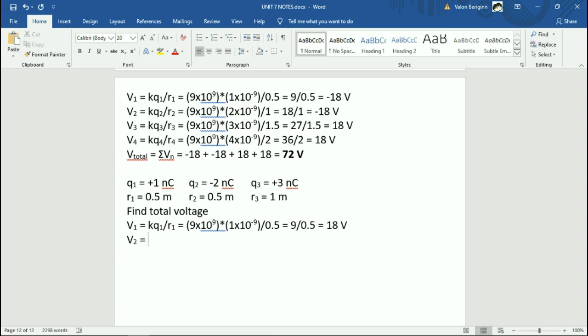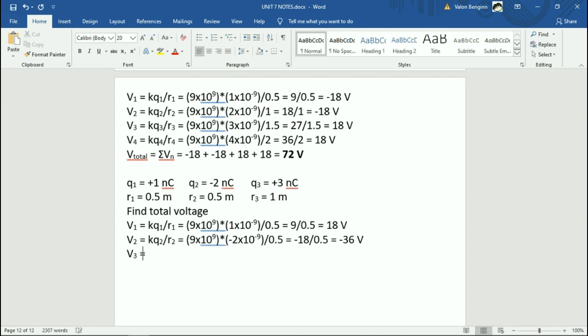So we have Q2 over R2. Now we have -2 times 10 to the -9 divided by 0.5. So now we have 9, again, 10 to the 9, 10 to the -9, those cancel. 9 times negative 2, so you have negative 18 divided by 0.5, so that gives you negative 36 volts.